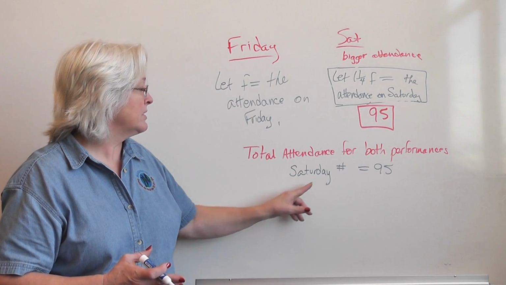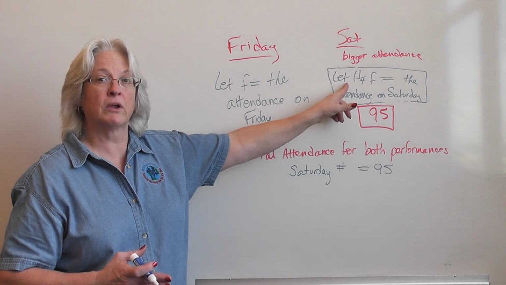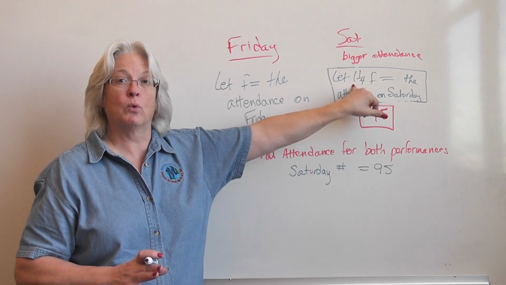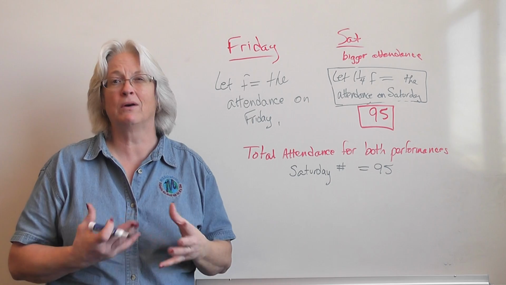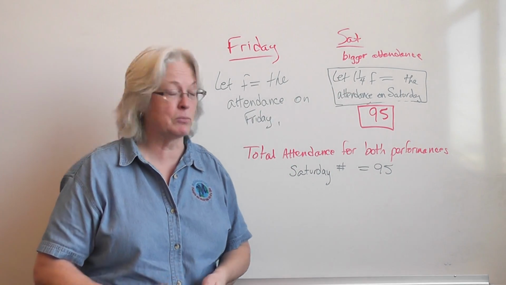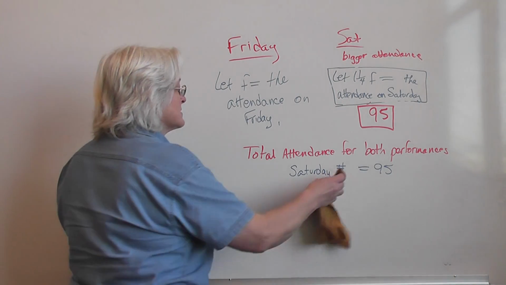Sure. What is the attendance on Saturday? It's 1 1/4 F. Now, I went ahead and said let 1 1/4 F represent the attendance on Saturday, but remember I said we don't want to use mixed numbers. So I'm going to convert this into an improper fraction, which is 5/4.